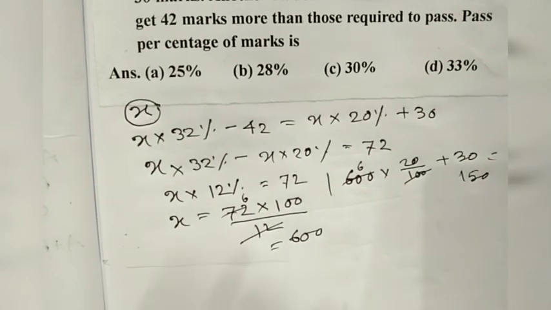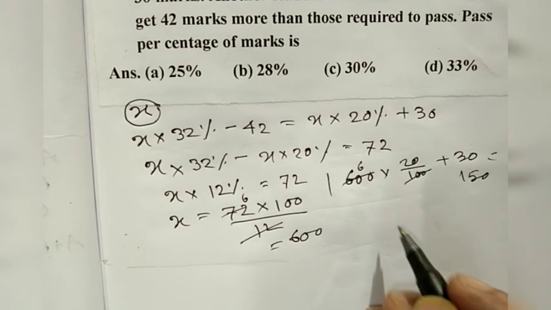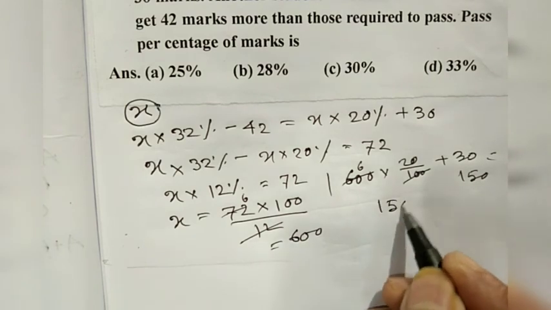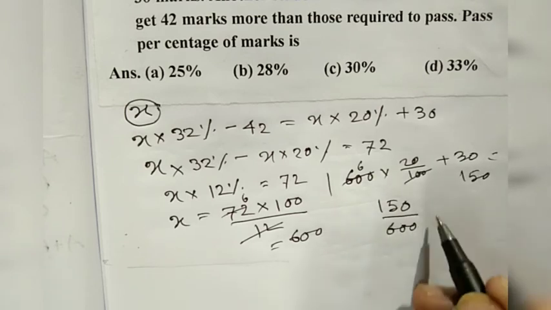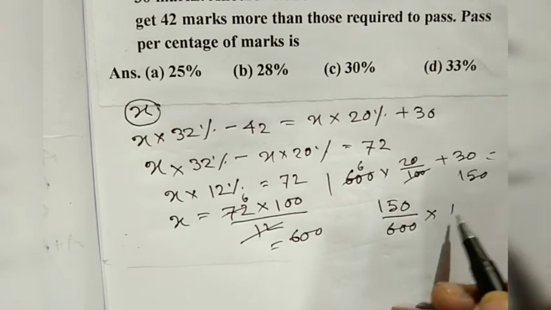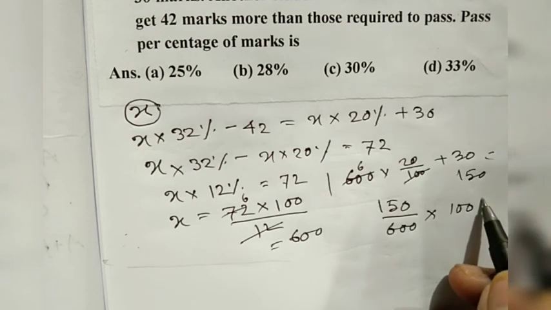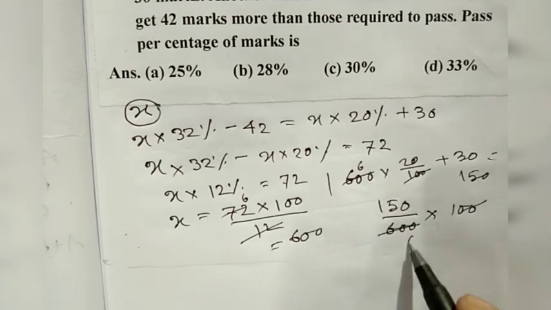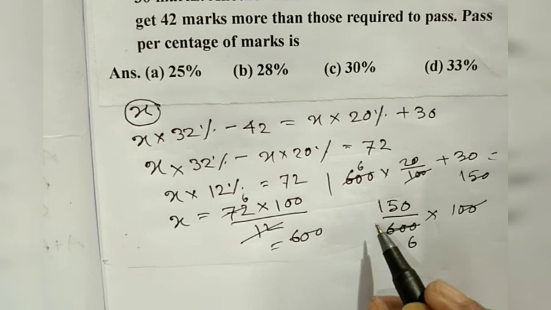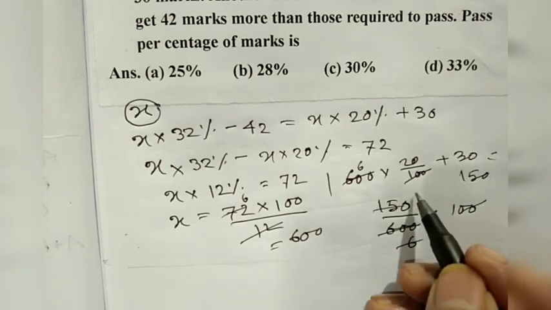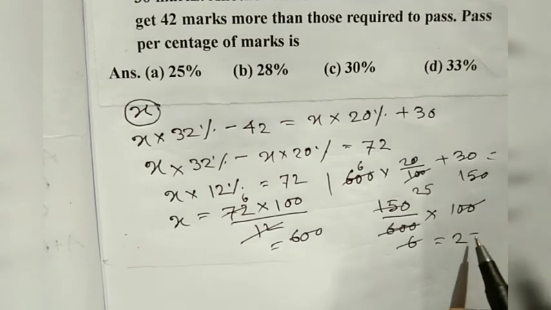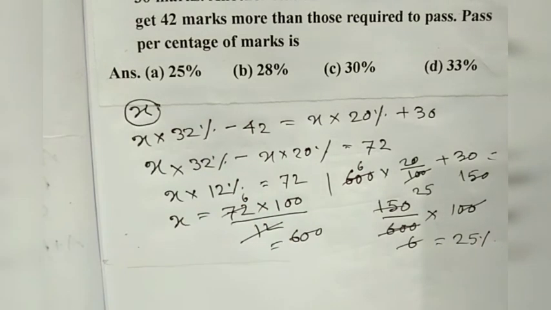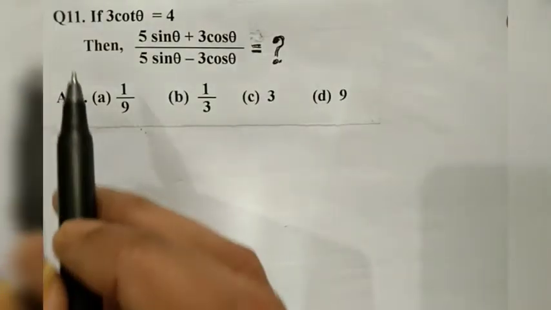Then pass percentage is 150 by 600 into 100. 150 by 6 is 25. Answer is 25%. Answer A. Okay. Let's see the next question.